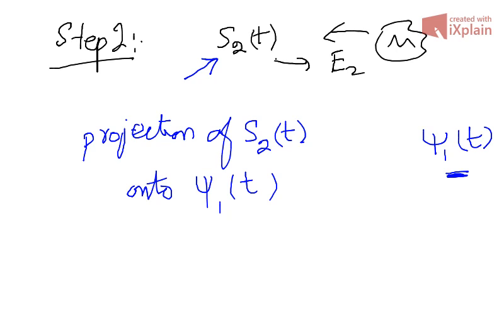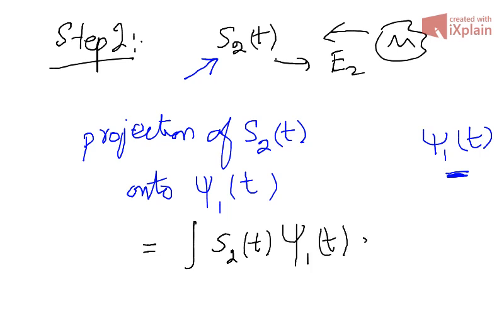So in step number 2, we have to find the projection of S2 over psi 1 of t, and that projection is actually the integral of the product S2 of t multiplied by psi 1 of t.